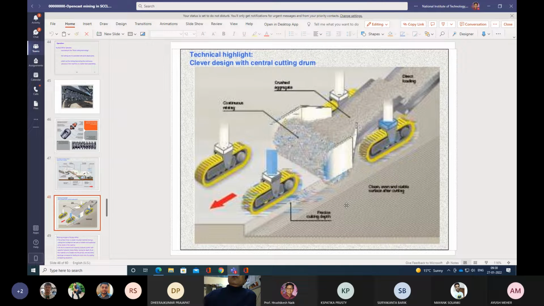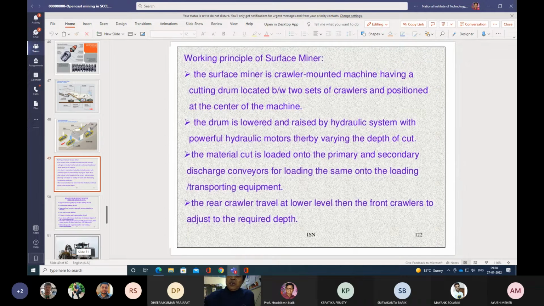Surface miner technology. Okay. So this technology has the following working principle. What is the working principle of a surface miner?